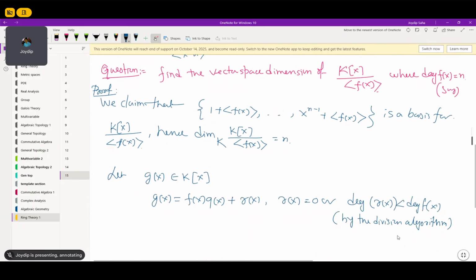Okay, right. r(x) is a0 plus a1 x plus up to a(n minus 1) x to the power n minus 1.